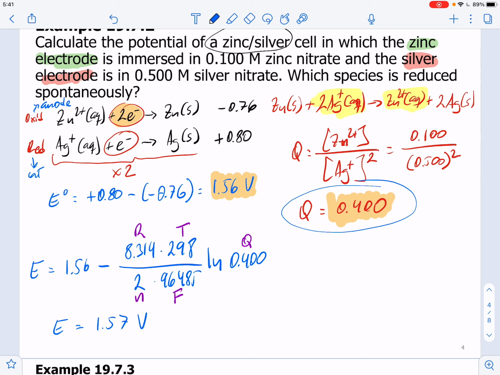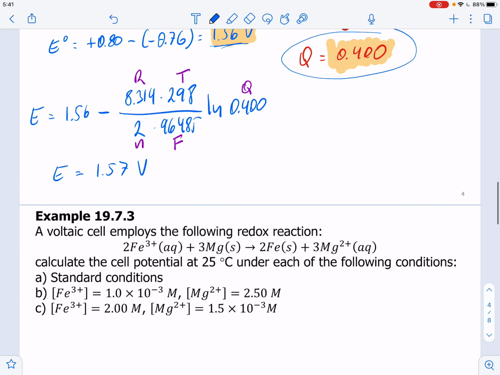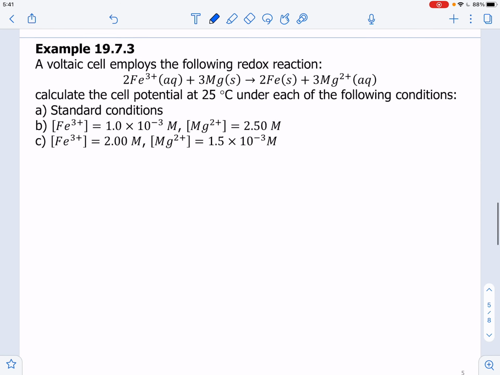Not much change actually. It's the combination of concentrations, but it's a little bit different from your initial potential. So how about we make more drastic changes here?